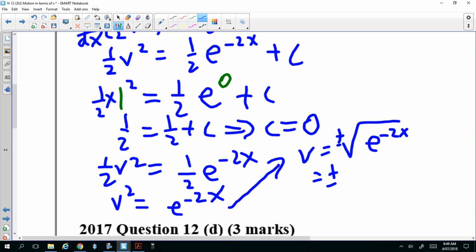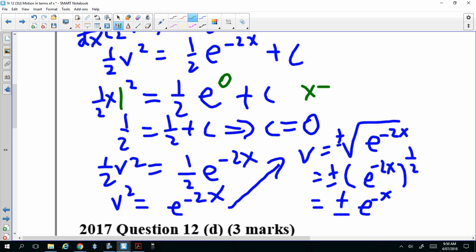And the question is, which one do we take? But we note the fact when x is 0, v is 1, which is positive. So we take the positive square root. V is positive. So therefore, v equal to e to the power negative x, which is what you have to prove. Okay, that's for part 1.